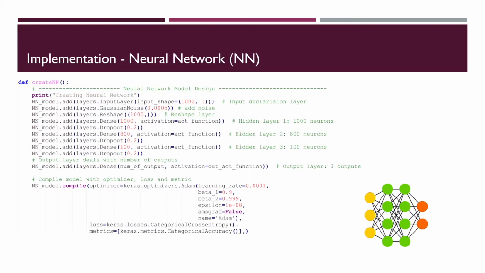Second hidden layer has 800 neurons. And the last hidden layer has 100. And the final layer, the output layer, has 3 outputs. The output signifies normal traffic, DDoS attack, and other attack. The optimizer that we use is Adam, and for our loss function, we use cross entropy.